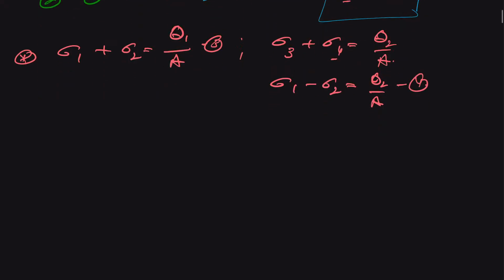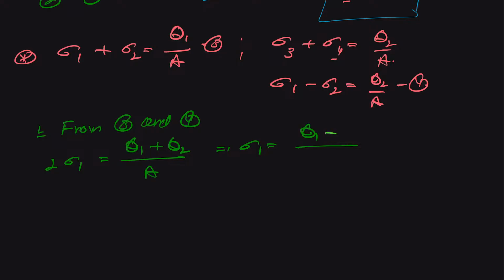Now we can solve these equation 3 and 4. So from 3 and 4, if we add them, we are going to get twice sigma 1 is equal to Q1 plus Q2 divided by A. So we get sigma 1 is equal to Q1 plus Q2 upon 2A.